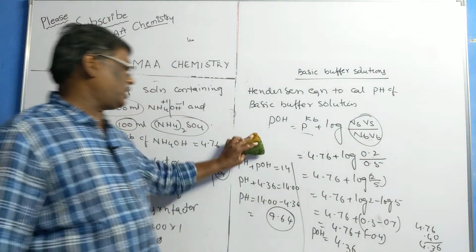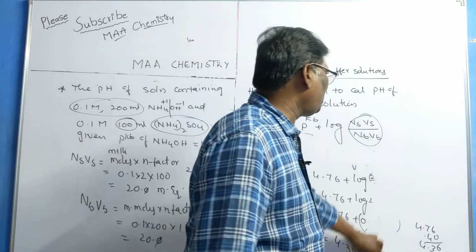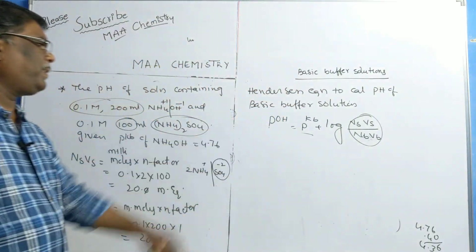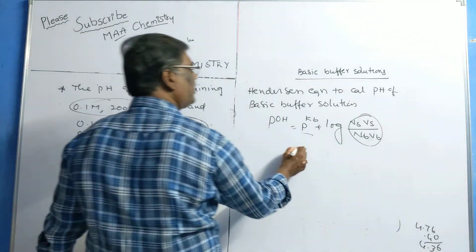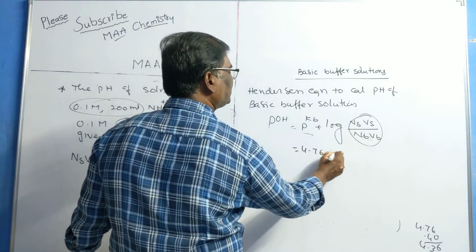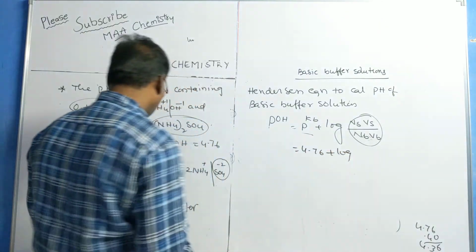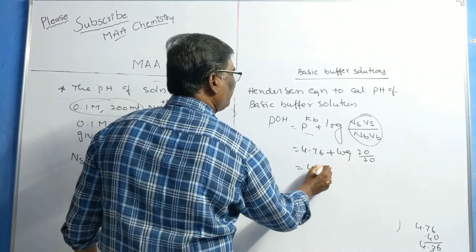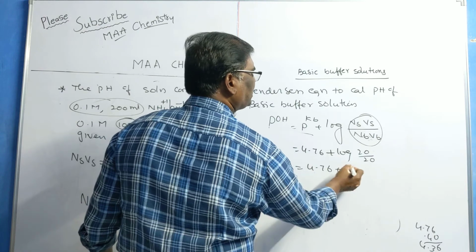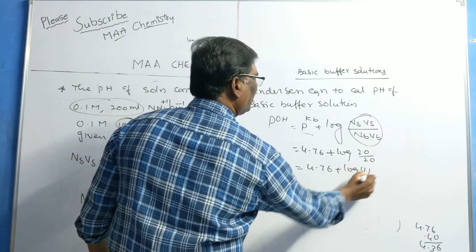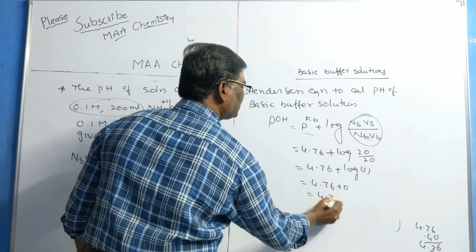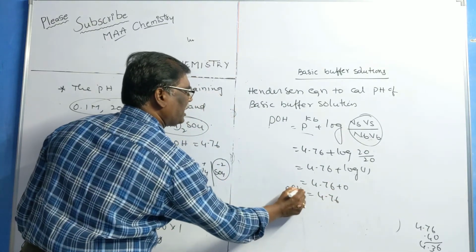On simplification, the pOH equal to pKb plus log of the strengths, nothing but 4.76 plus log of 20 by 20. You are very familiar with log 1. Log 1 is 0. So 4.76 is the pOH value.